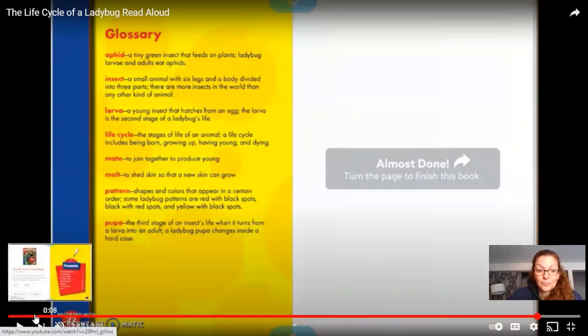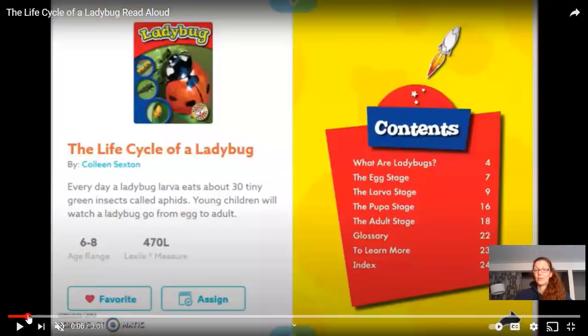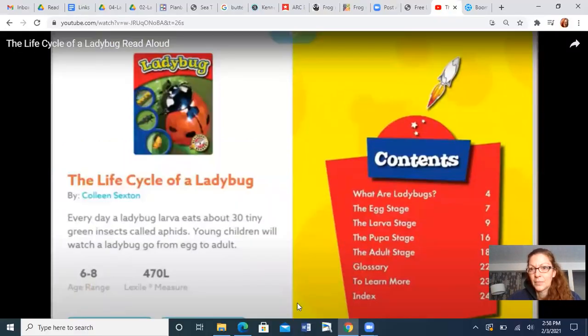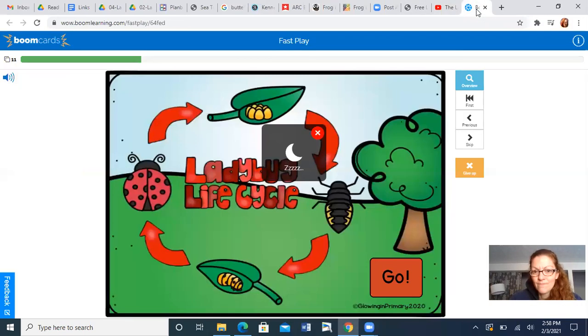All right. So we have learned about the different stages of the ladybug's life cycle. Do you remember what those stages were? What was the first stage? An egg. I know this is helping you, isn't it?